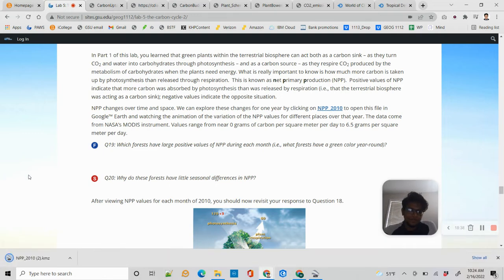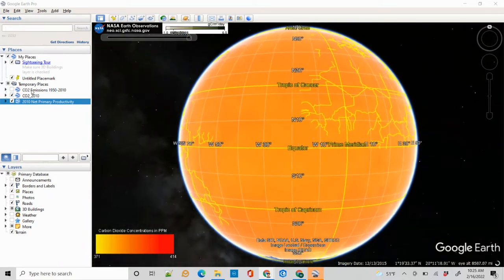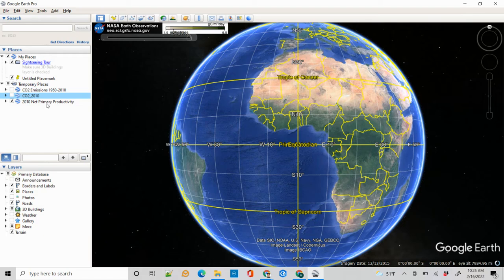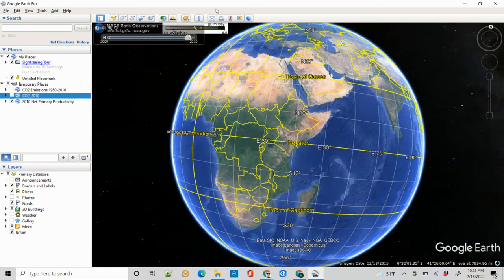there's another Google Earth file, so let me open that for you. You can see that in the video, in the animation here. So what we'll do is uncheck the previous one and just work on the 2010 net primary productivity.